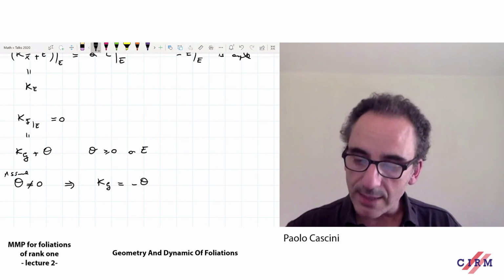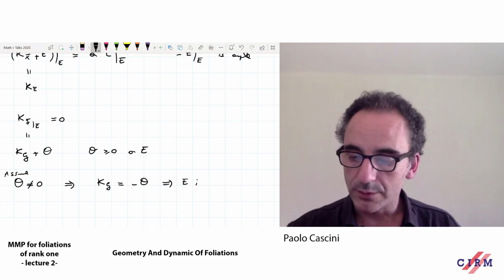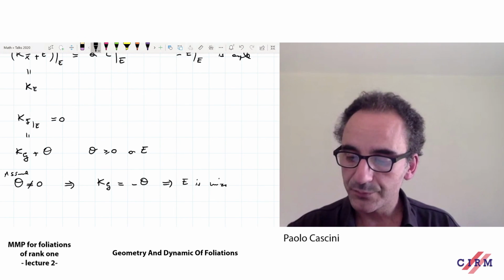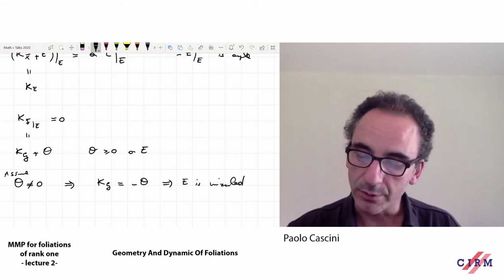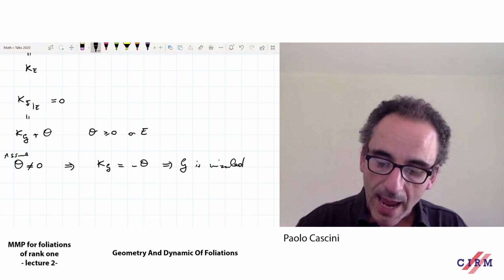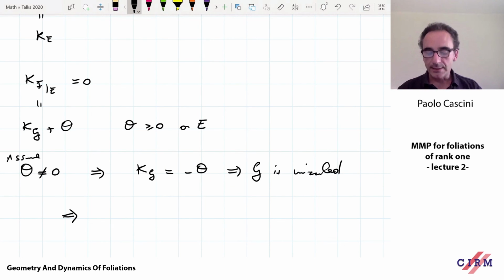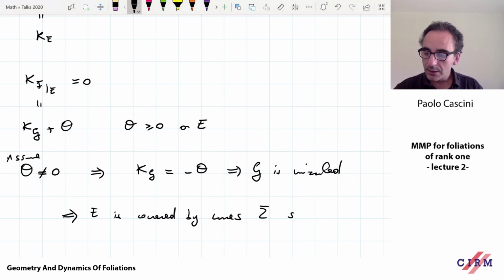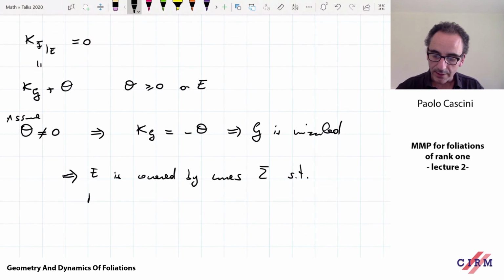So this implies that E is uniruled with respect to the foliation. I mean, G is uniruled. And this implies in particular that E is covered by curves sigma such that K G times sigma is negative.